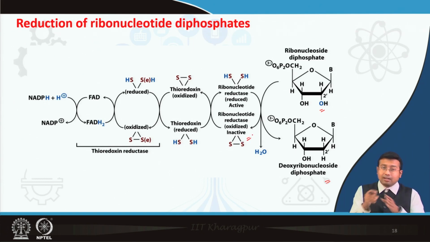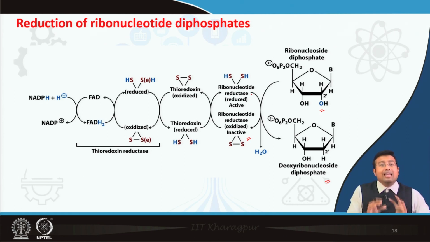You can visualize this analogy with glutathione, right? There was also a 2 SH bond, we were reducing it by glutathione reductase. Much like that. So ribonucleotide reductase is now inactive, it is in oxidized form. So we need to reduce it again, so that the activity of ribonucleotide reductase is restored.